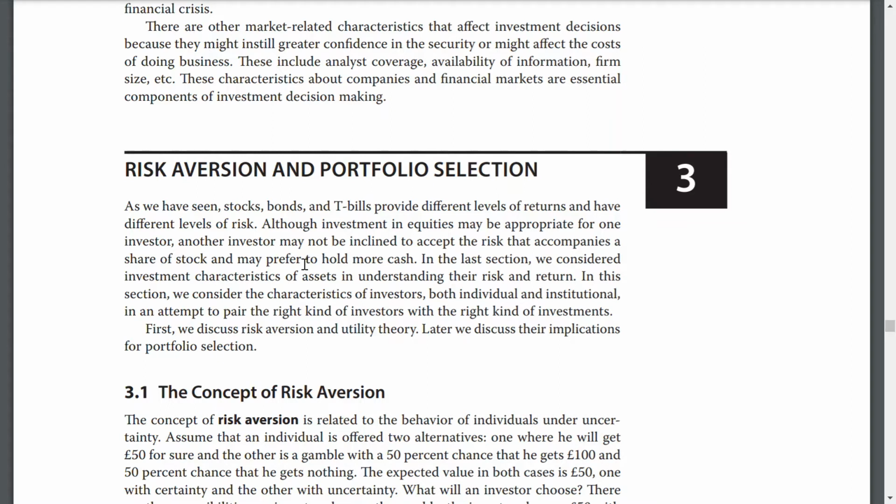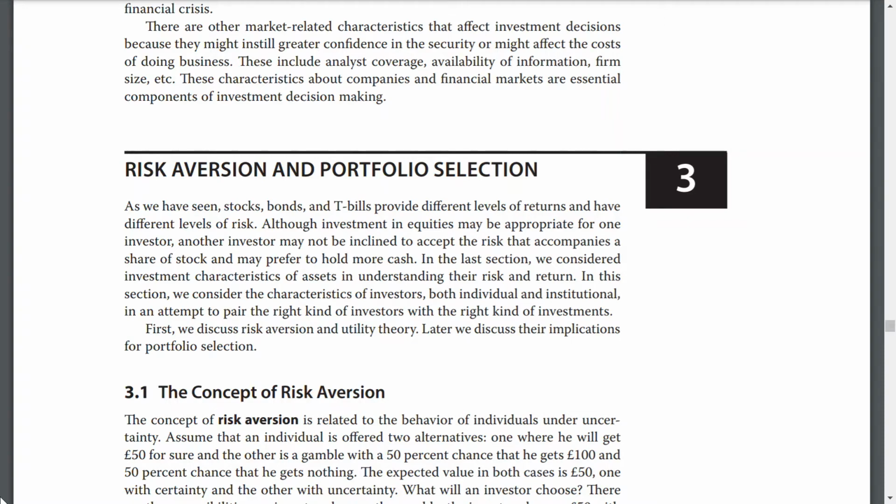In the previous section, we considered investment characteristics of assets and understanding their risk and return. In this section, we consider the characteristics of investors, both individual and institutional, in the attempt to pair the right kind of investors with the right kind of investment. First, we discuss risk aversion and utility theory. Later, we discuss their implications for portfolio selection.